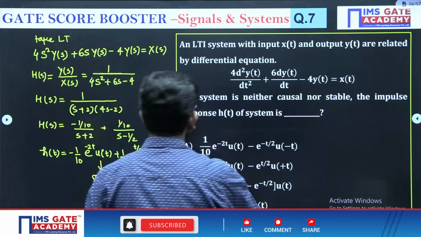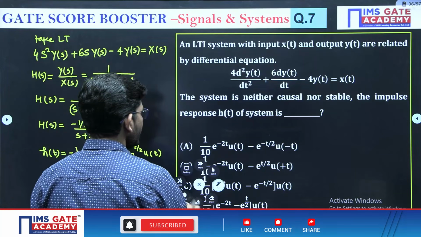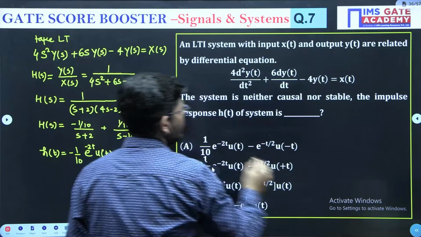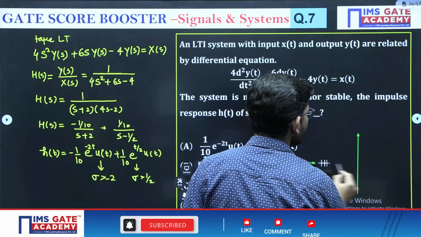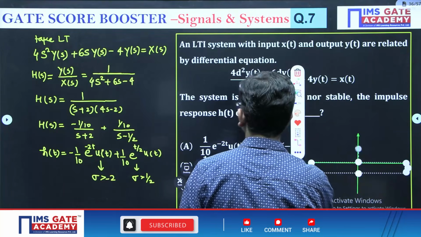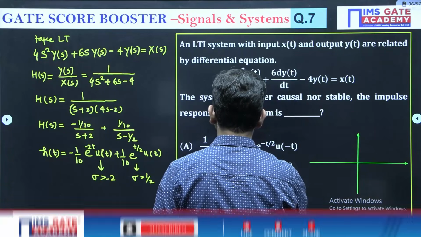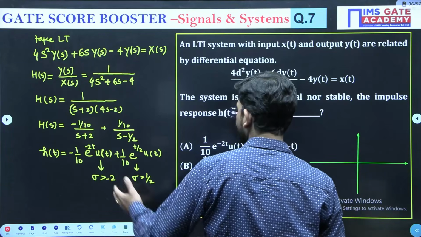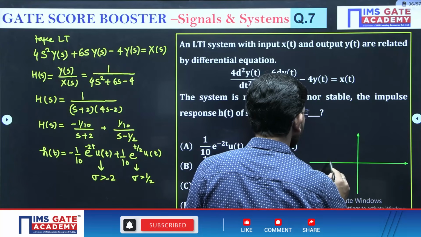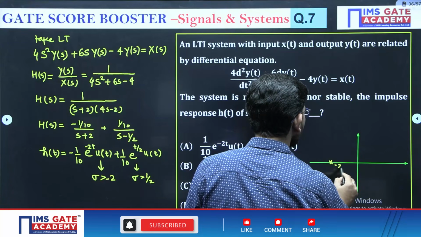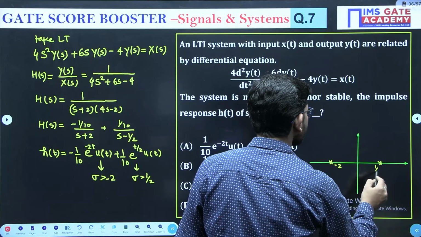Okay. Now let me plot this situation in front and then realize what we have and what we want. So we have two poles, one is minus 2 and the other is 1/2. Minus 2 is this pole and 1/2 is this pole.